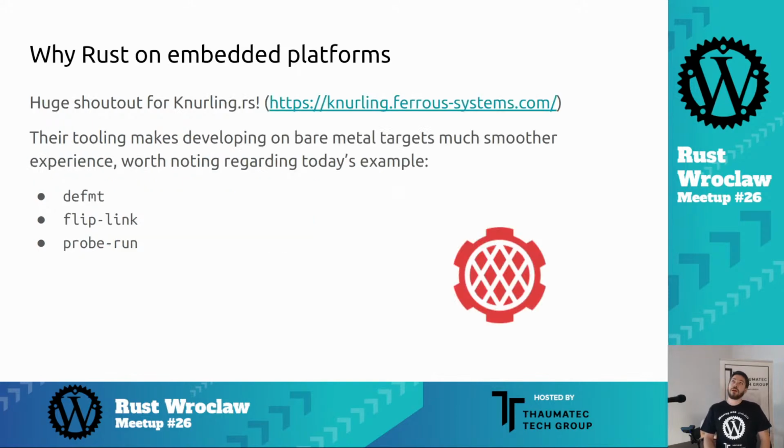Okay. One different view on why Rust on embedded platforms is that there is very nice tooling, especially in the ARM space. Huge shout-outs to Knurling-rs. Do you know what knurling is?